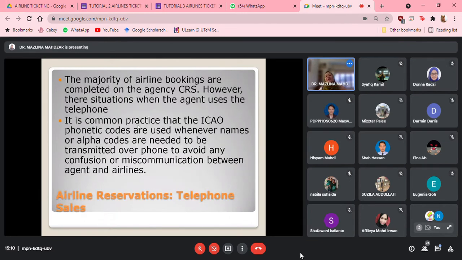Okay. So sometimes, as I mentioned, not all booking people will come in to the travel agent. Most nowadays, given the current situation, people will use the internet and go to your chat box.